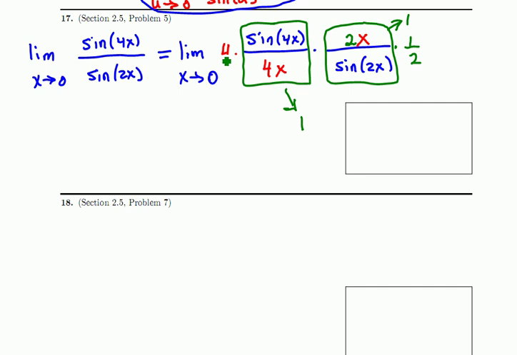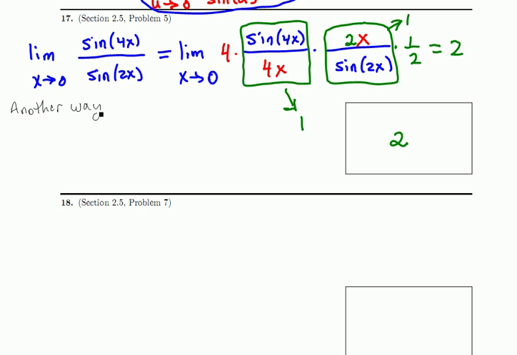So all told now, when I take my limit, I'll get 4 times 1 times 1 times 1/2, which is 2.